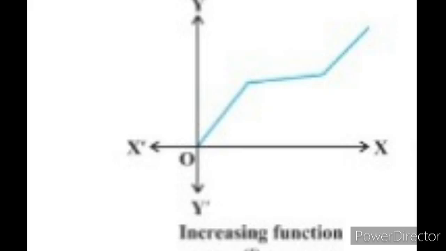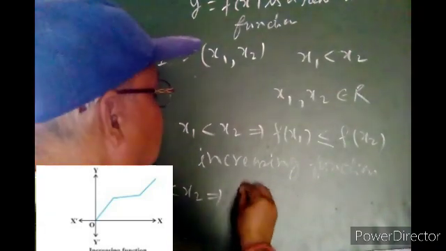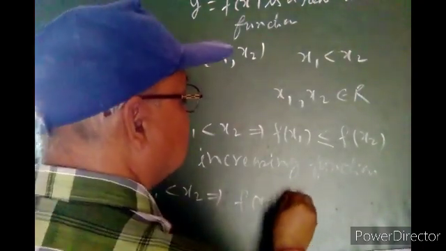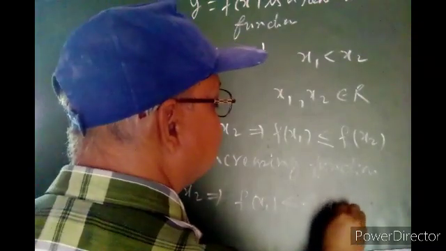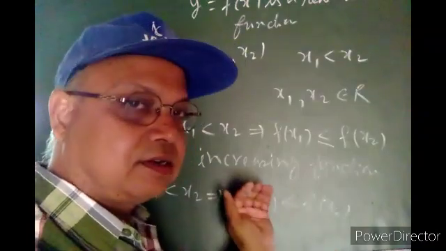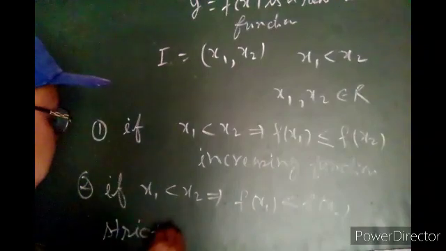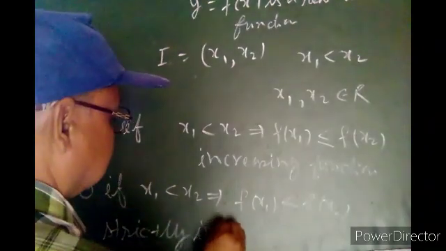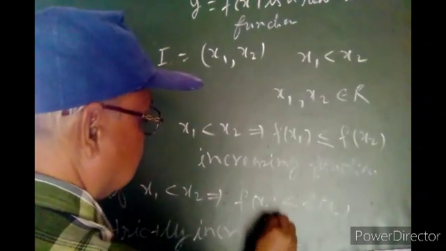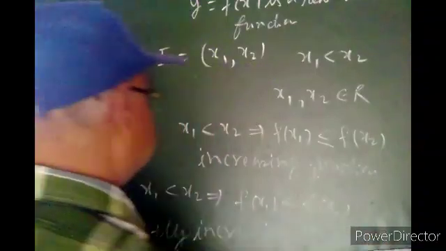Understood? Second is, if x1 less than x2 implies that f(x1) is less than f(x2), this type of function is called a strictly increasing function.